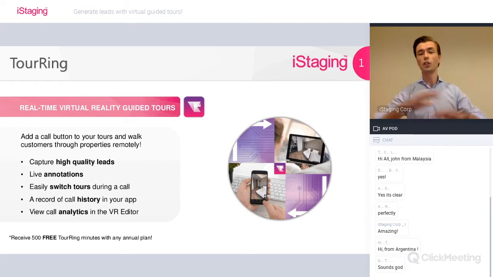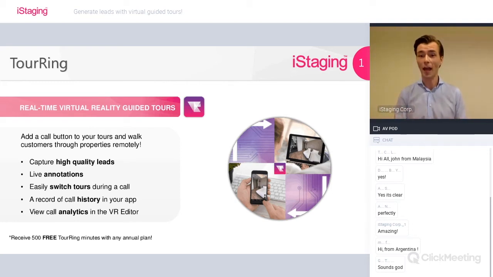You've created your tour, you've shared your tour on different platforms, and someone is looking at the virtual tour that you've created, and you've engaged them with everything that you've got to show them, and now they have questions. They want to talk to you, which could be a real estate agent or a salesperson, a sales consultant, a store manager.